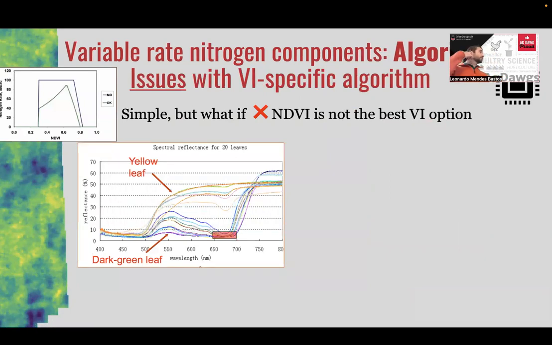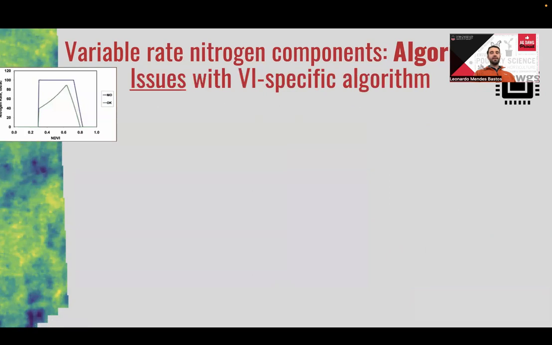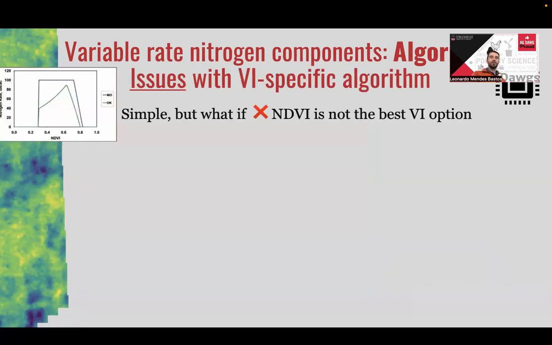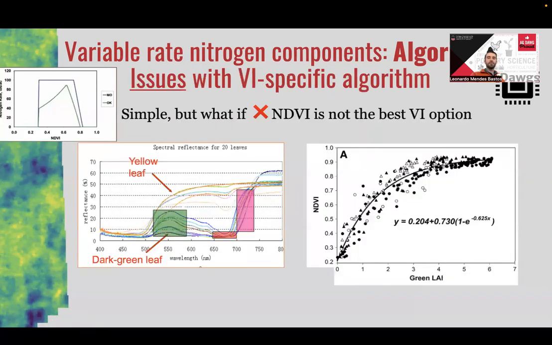Let's say you go to your cornfield and you have high biomass where NDVI is not going to do a good job, but you do have the green band on the sensor that you used. So we may say, well, let's use green NDVI instead of NDVI. And then this algorithm doesn't really work with green NDVI because it was not developed for that, right? So that is one of the limitations if you use a different vegetation index.